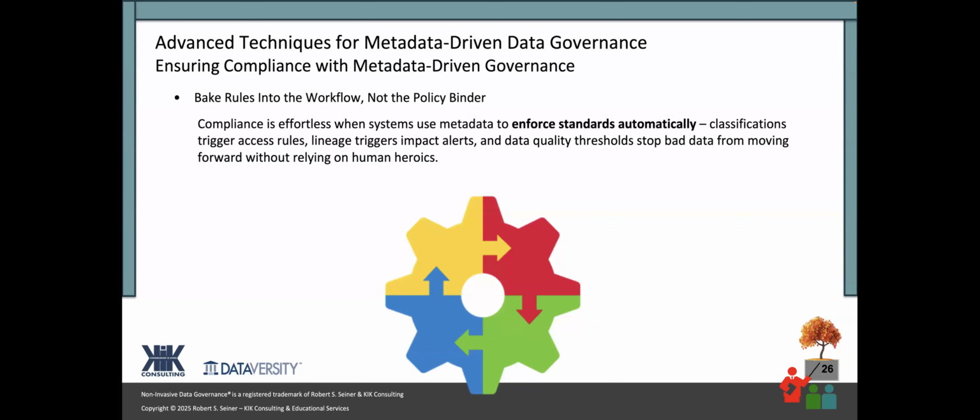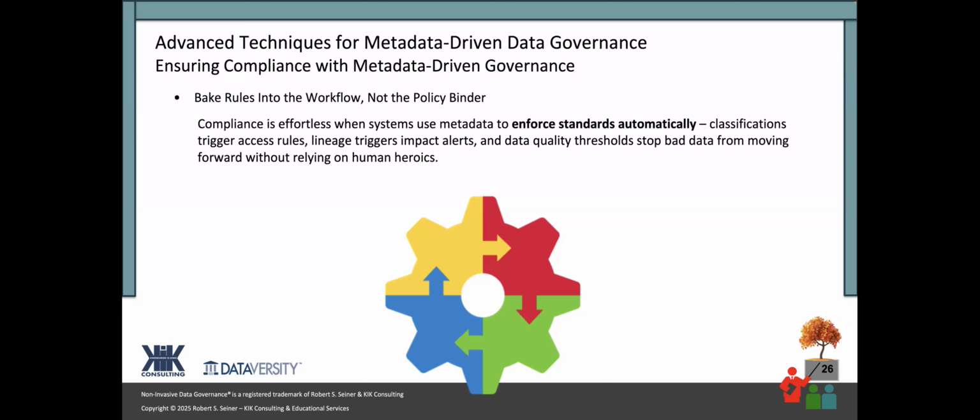If we can find a way to use the metadata that we have stored in our systems to enforce standards automatically, it's going to go a great distance towards not only improving the quality of the data, as I mentioned before, but also making certain that we're complying, that we're letting the appropriate people see the data, that they have the right understanding of the data before they see the data.